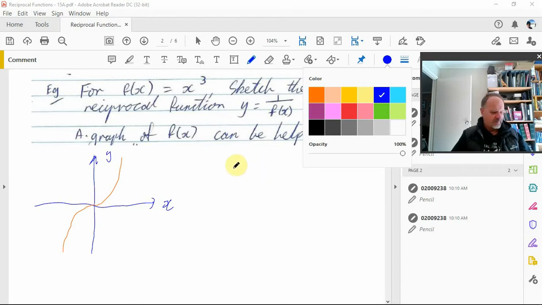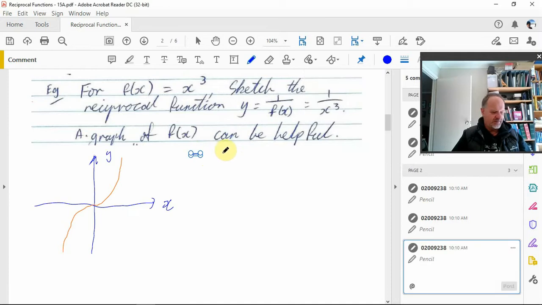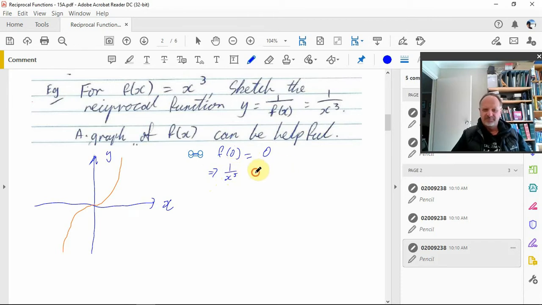All right, so we can see a few things. The first thing that we can see is f(0) is equal to 0. So what that means is 1 on x cubed has an asymptote at x equals 0.